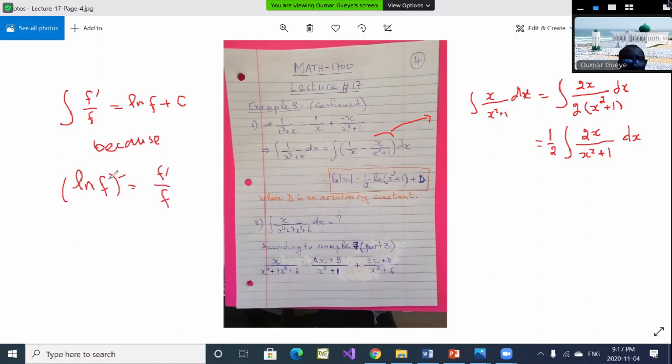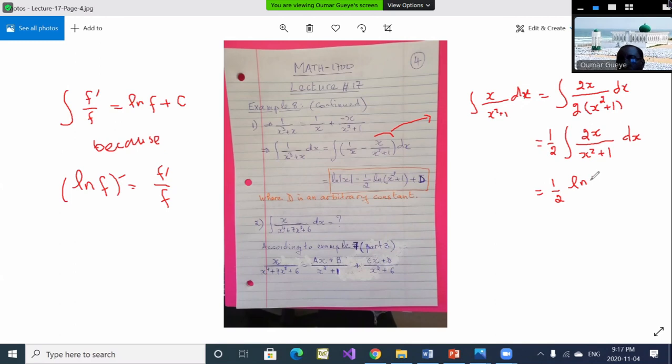So since the derivative of ln of f is equal to f dash over f, the integral of f dash over f is equal to ln of f. And that's exactly what I have here. So this is equal to 1 over 2 ln of the absolute value of x squared plus 1. But x squared plus 1 is always positive. That's why I don't need the absolute value.